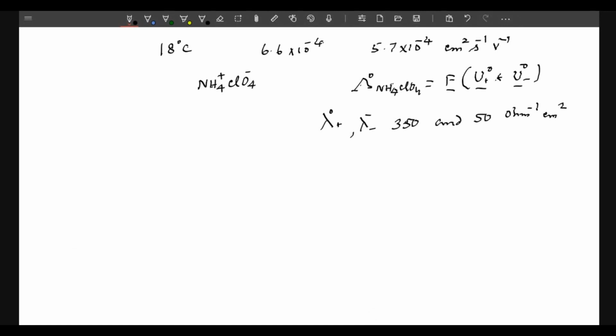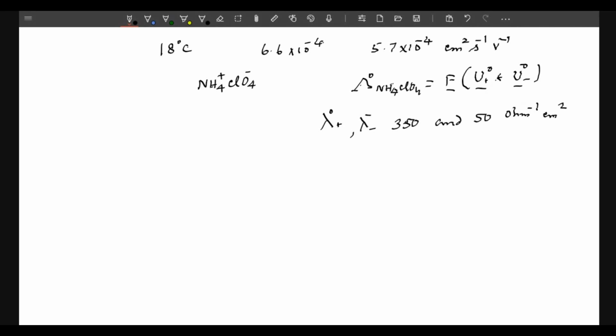Calculate the ionic mobilities and ionic velocities of these ions.